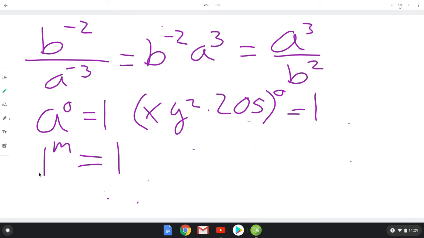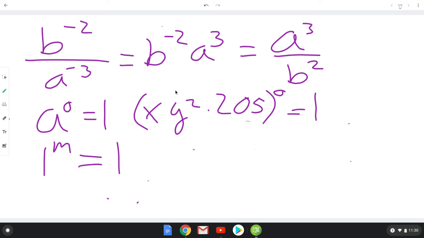It doesn't matter how many times I multiply it, I'm still going to have 1. So 1 to any power is 1, and anything to the 0 power is 1. Those are going to be important.